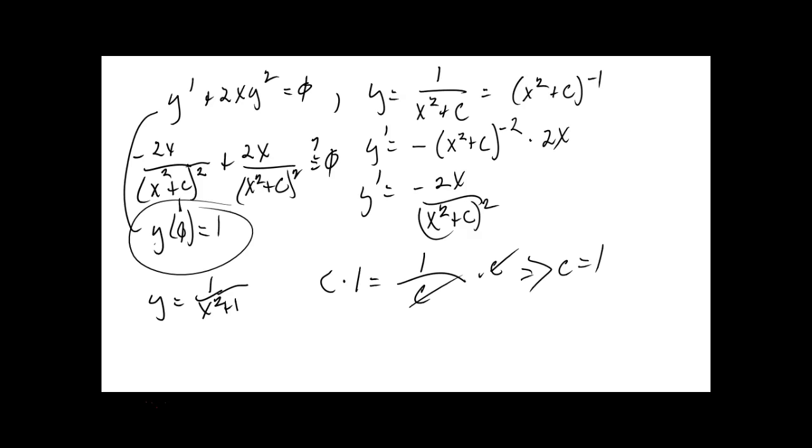Now, if I had written the problem right. How am I doing this today? It said, what if the initial condition was y of 0 is equal to negative 1? Okay, sorry.